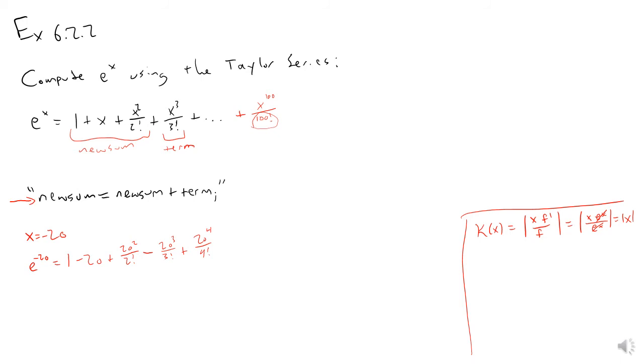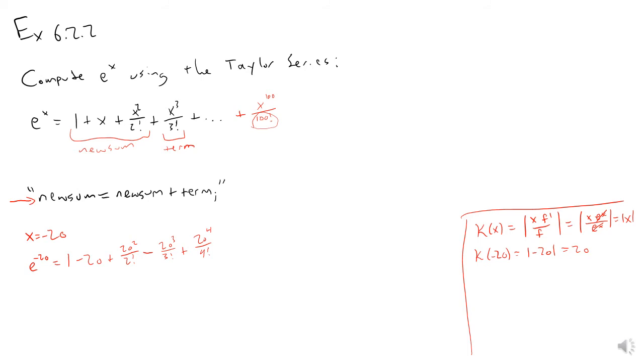So in this case, our relative condition number at negative 20 is absolute value of negative 20, which is a relatively decent number. All right, we're not dealing with some huge relative condition number like a million.